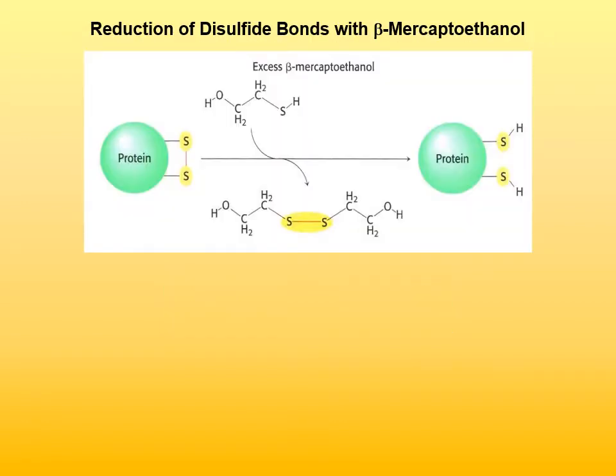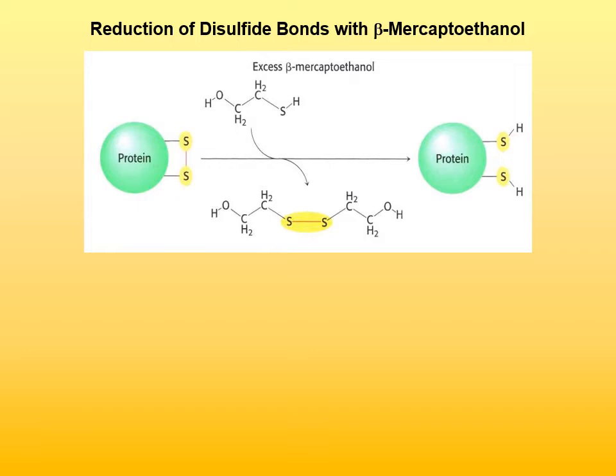Here you can see how mercaptoethanol operates. So we treat protein that contains disulfide bonds with excess of mercaptoethanol. And you can see a formula of mercaptoethanol. It's beta-mercaptoethanol or 2-mercaptoethanol. So it's ethanol molecule that has SH substituent on carbon 2 of the ethanol.